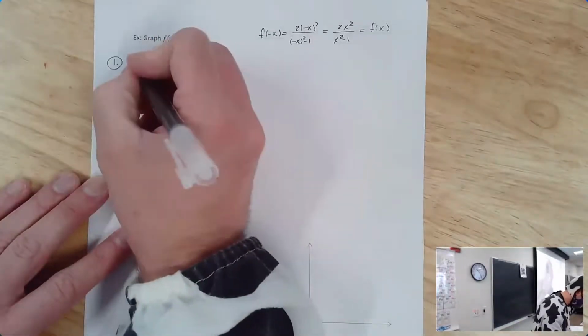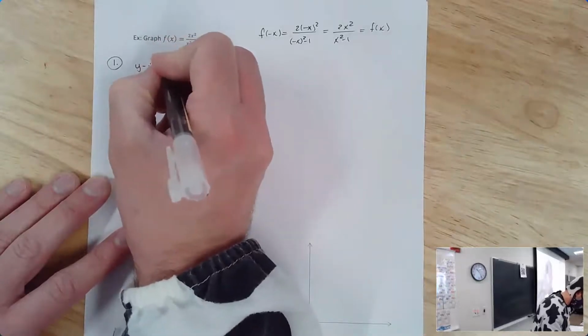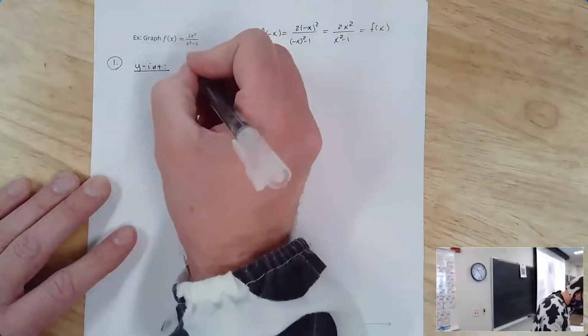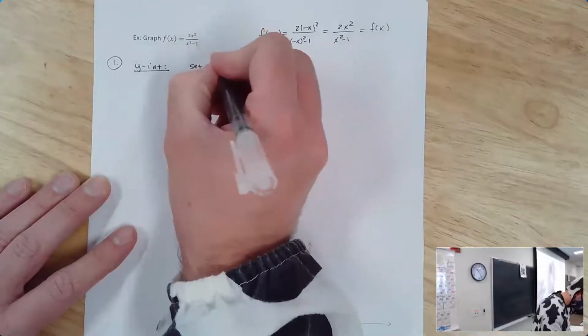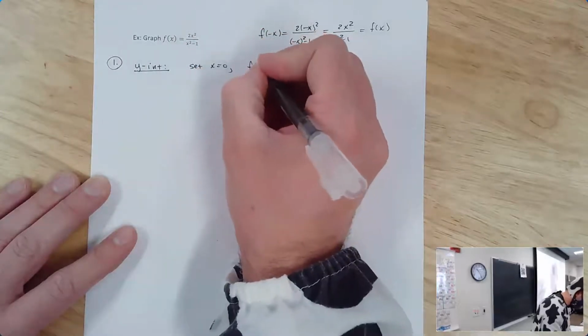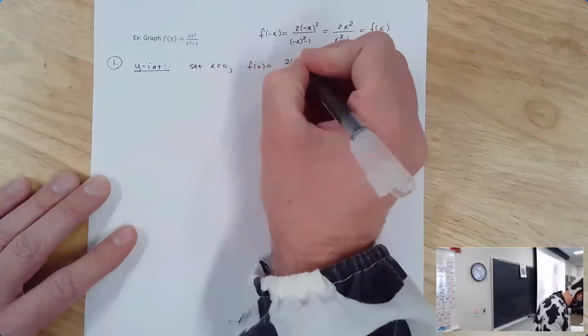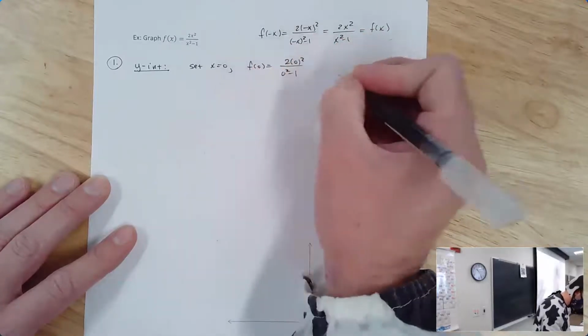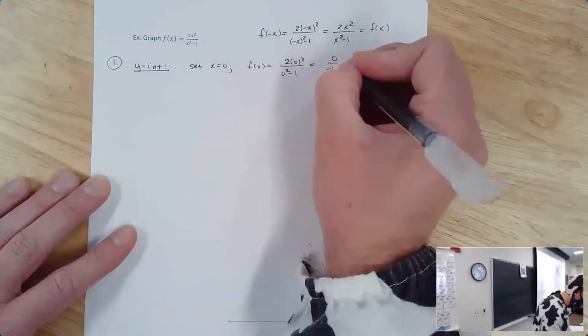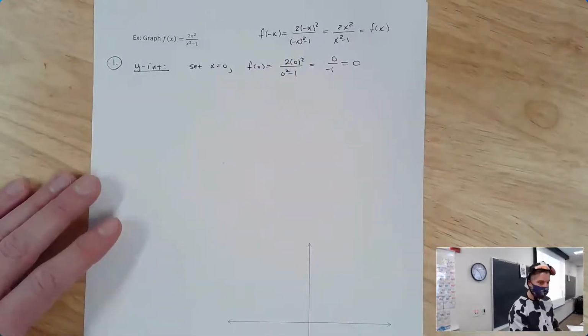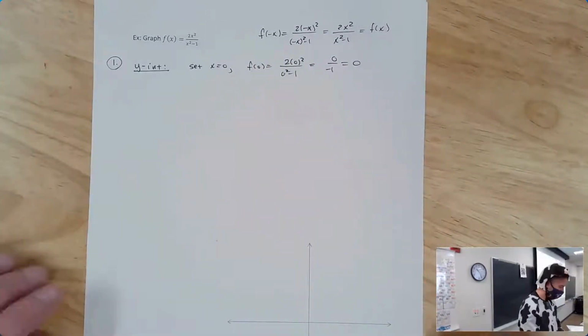Let's do all the stuff. Y-intercepts. I'm going to set x equal to 0. We're going to get f of 0 is 2 times 0 squared over 0 squared minus 1. That's going to be 0 over negative 1, which is 0. All right.